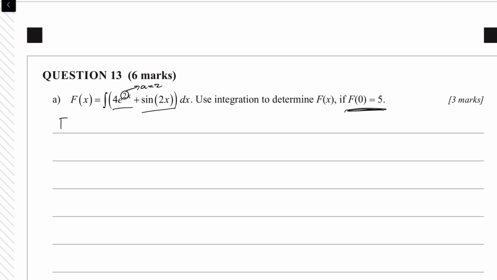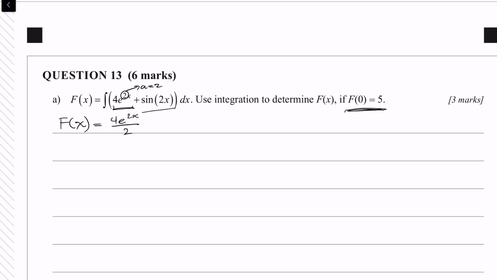We can just say f of x is equal to, for our first term, 4e to the power of 2x. Our a value is 2 in front of the x, so we're dividing by 2. Just keep everything the same, but divide by that a value.